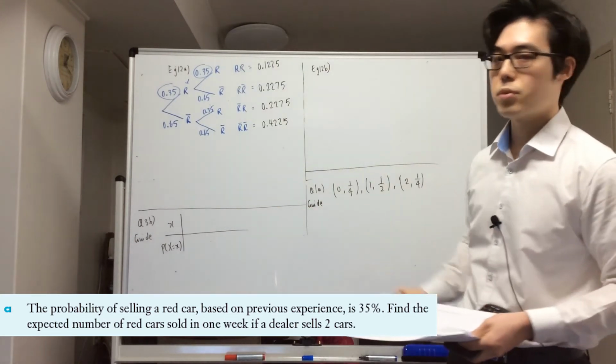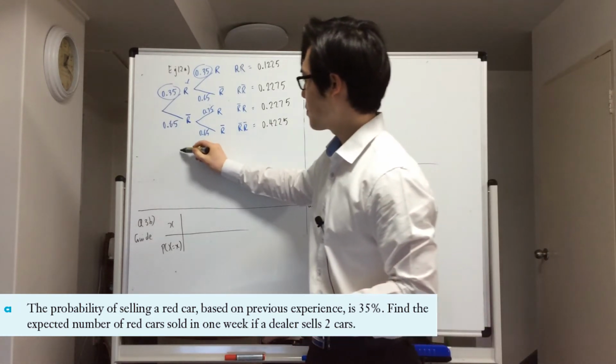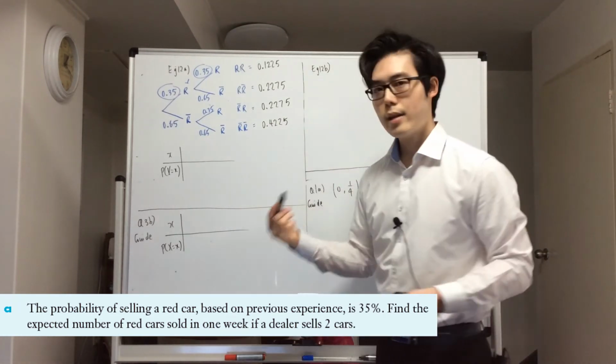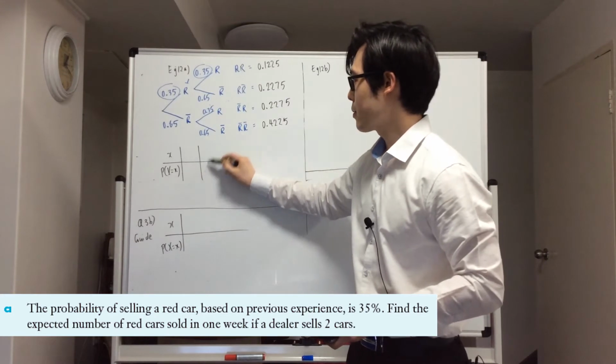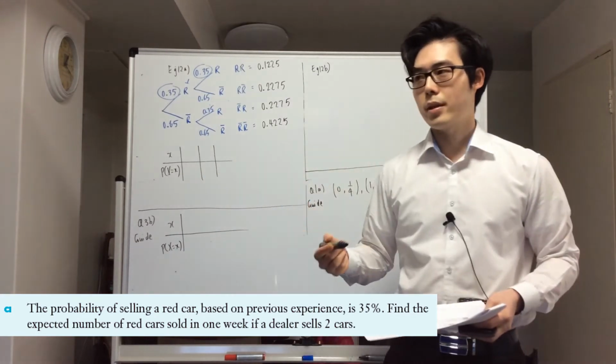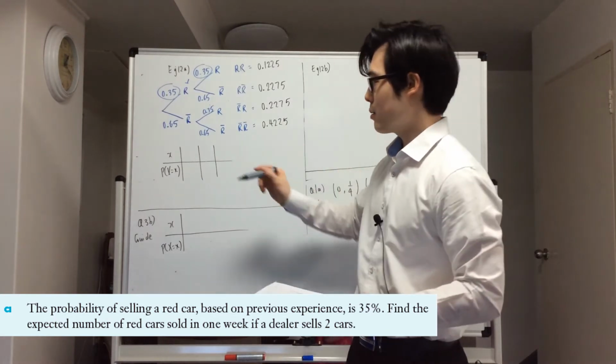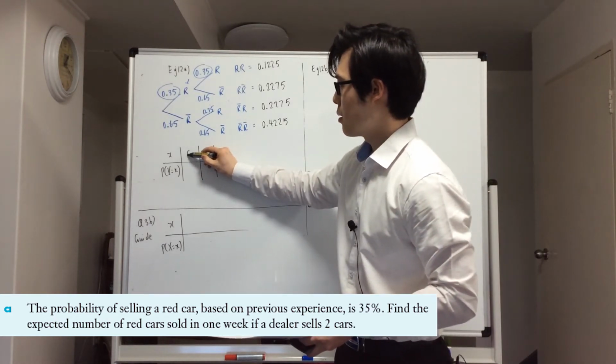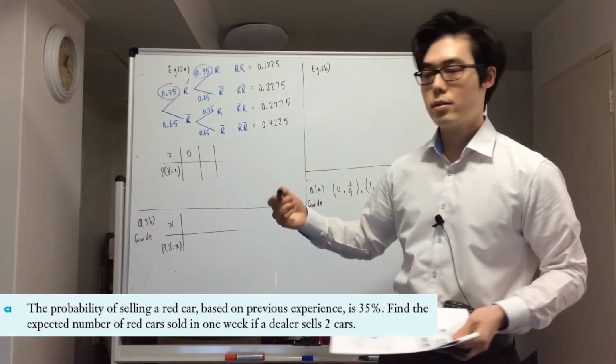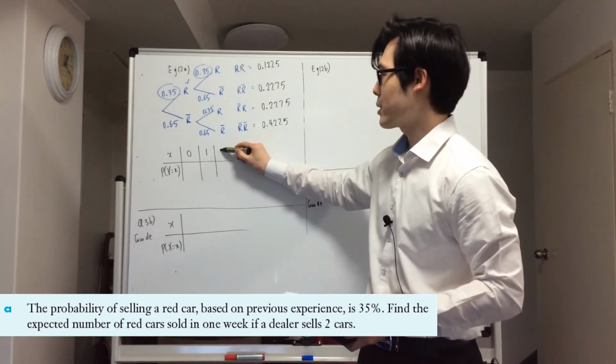Now let's put them in a probability distribution table. So what are the numbers that are on top? The numbers that go on top are the number of red cars that the dealer could sell. Out of the 2 cars that he sold, he could sell no red cars, 1 red car, or maximum 2 red cars.